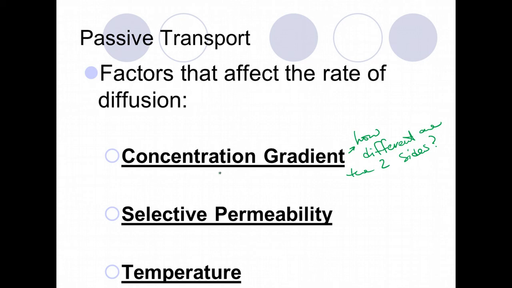If some things can get through and spread out, then great, they will spread out. But if they can't, then they're not going to be able to reach equilibrium on either side of the membrane. And temperature is one, because we're increasing the movement of molecules. So if we add temperature, they move and bump into each other faster, and in doing so, they will spread out faster.